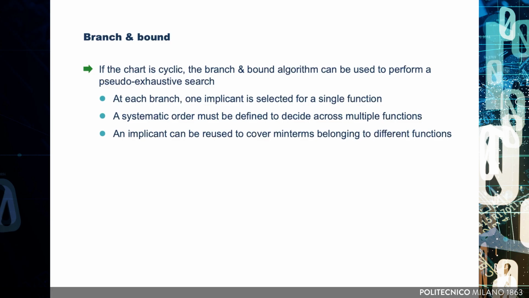For instance, one could explore the solution space by covering one function at a time, or alternatively, by alternating decisions between the different functions. Finally, the selection of an implicant is made per function, meaning the same implicant can be selected multiple times, once per function, during the exploration.